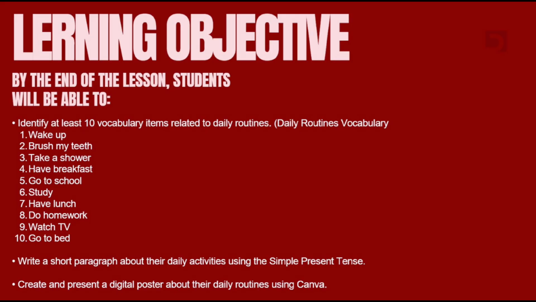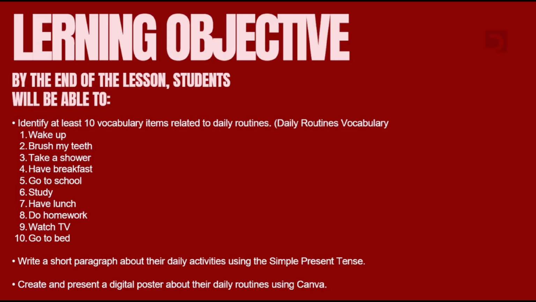So, in this lesson, there are 3 learning objectives. First, students are expected to identify at least 10 vocabulary items related to daily routine correctly. Second, students should be able to write a short paragraph about their daily activity using the simple present tense with at least 80% grammatical accuracy.